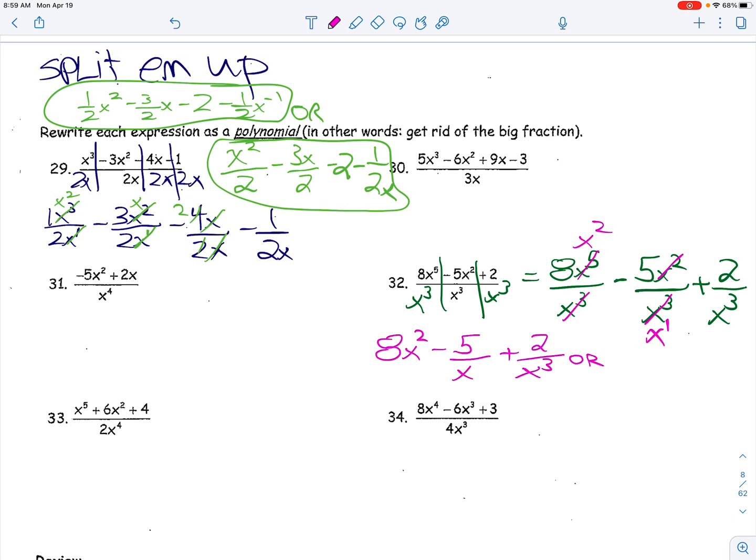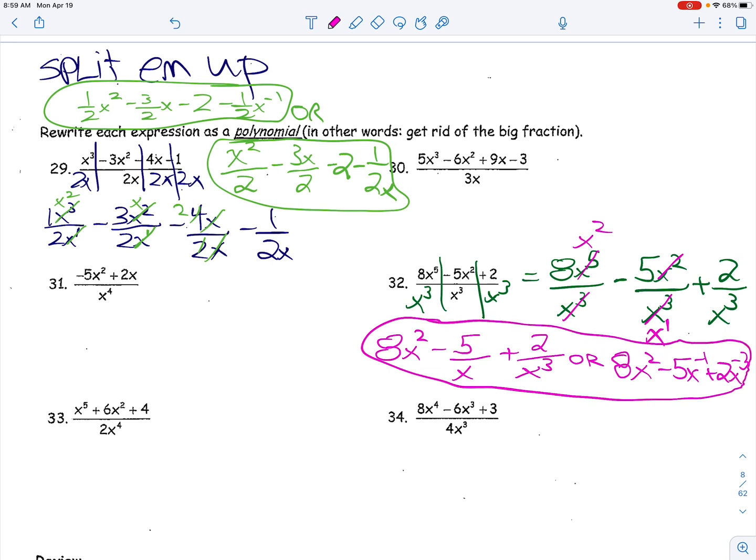And like I said, if you want to tidy it up, you don't have to, but you can. You can make that 8x squared, then move the x up and make that 5x to the negative 1st. And the same thing with the x cubed: make that plus 2x to the power of negative 3. If you want to do that, perfectly fine. Either one.